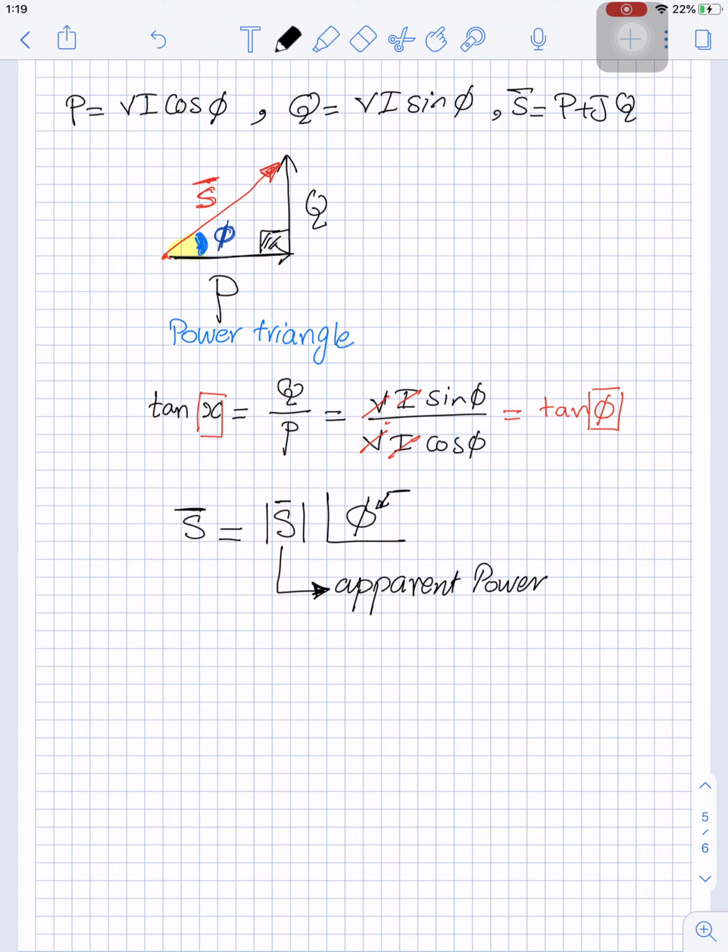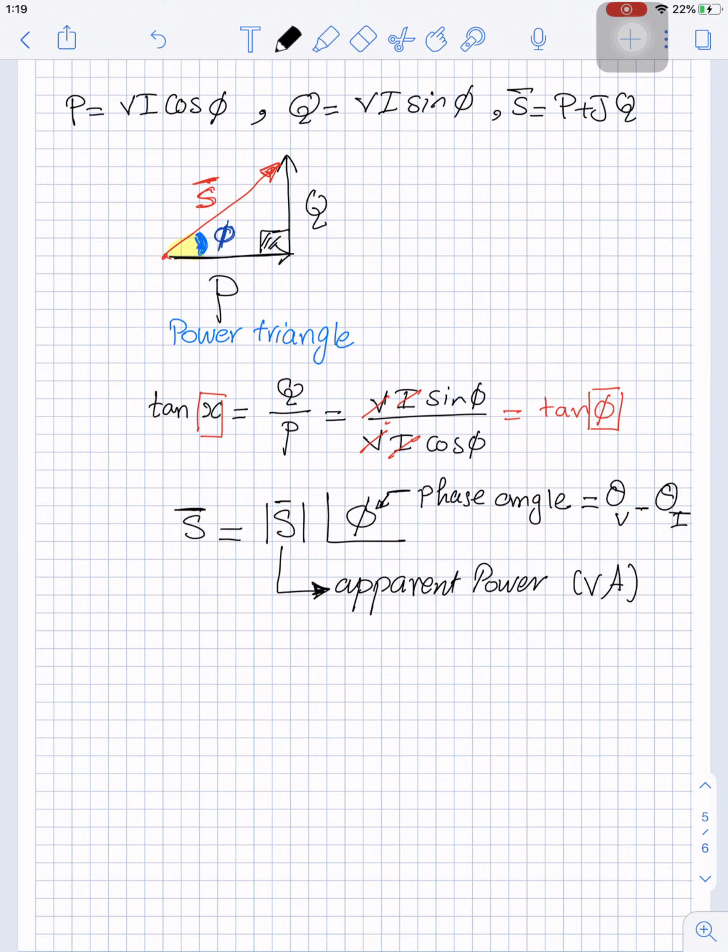And phi is still the phase angle, which is theta V, as we defined, minus theta I. So here we defined a new power, the apparent power, which is a scalar, the magnitude of S, and its unit is volt ampere.